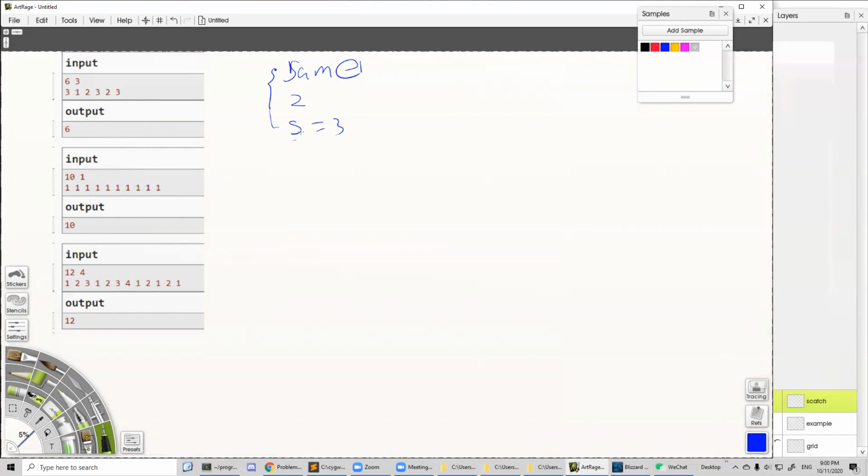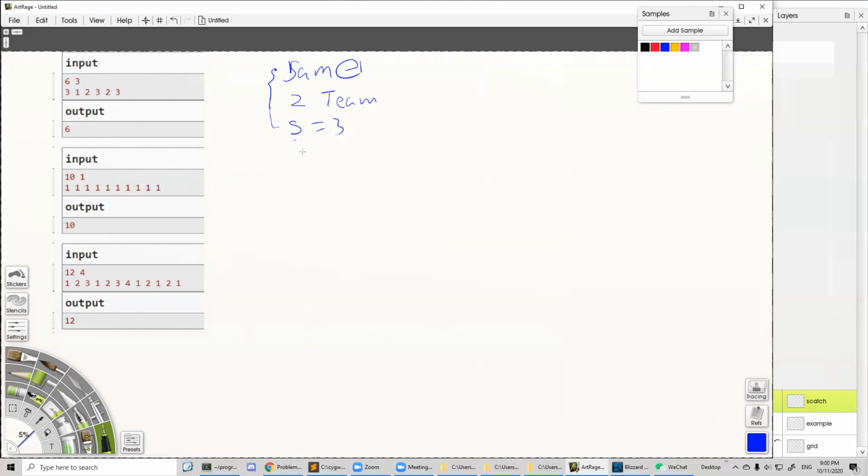Each bus can carry three people. We can choose any S here.